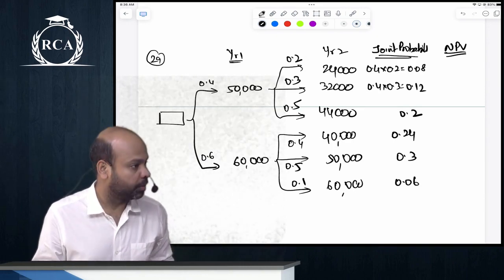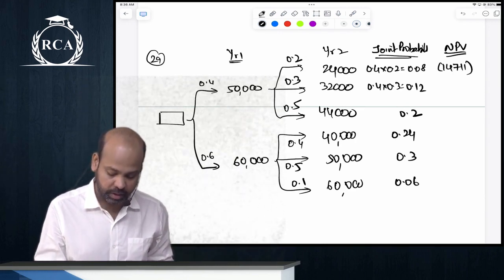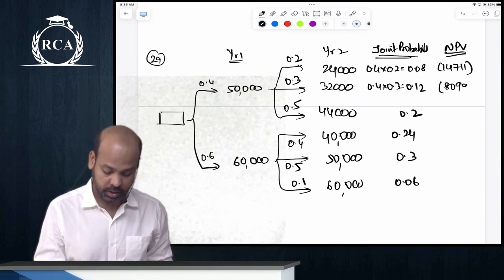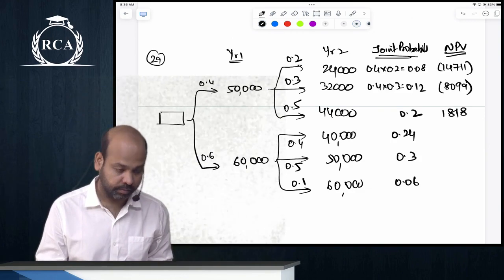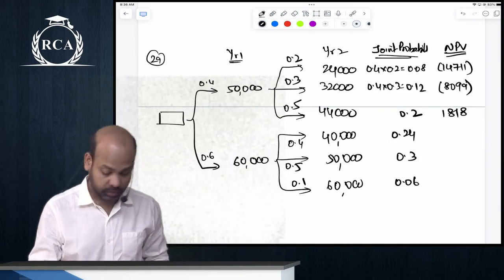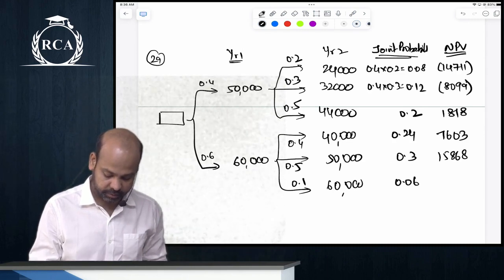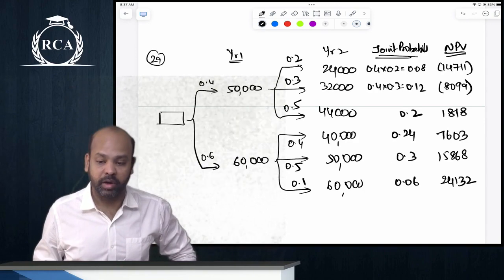You know how to compute NPV, no? 711. Next. 80. Huh? 1818. 7603. 868. 13. How are we getting those NPVs?